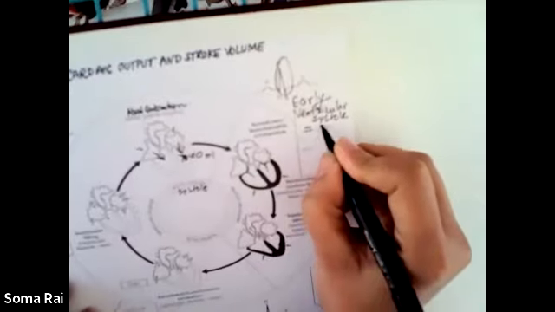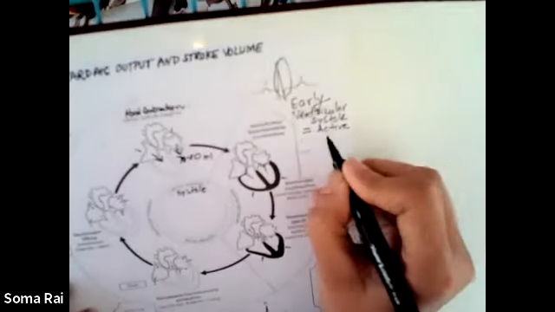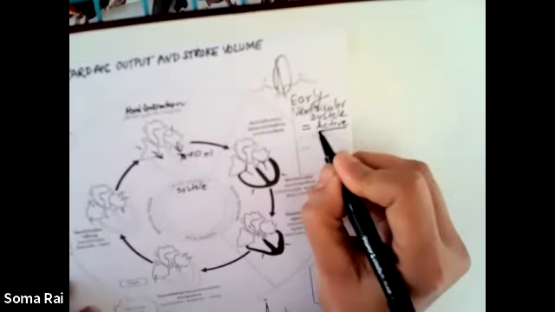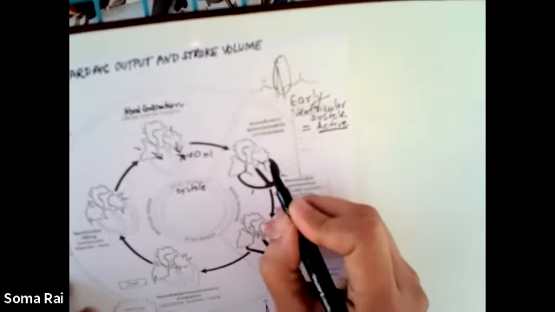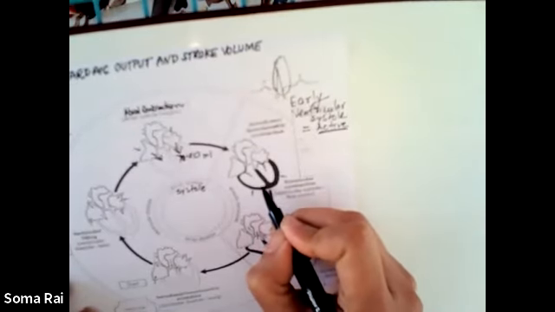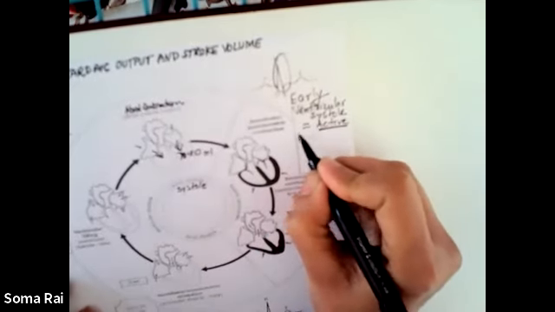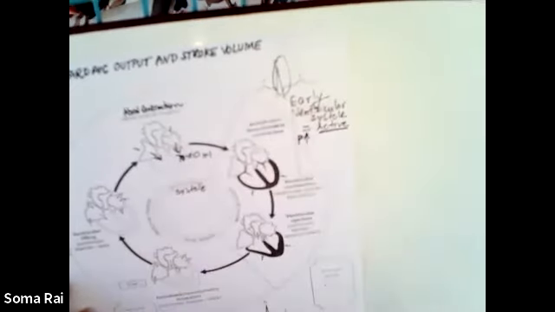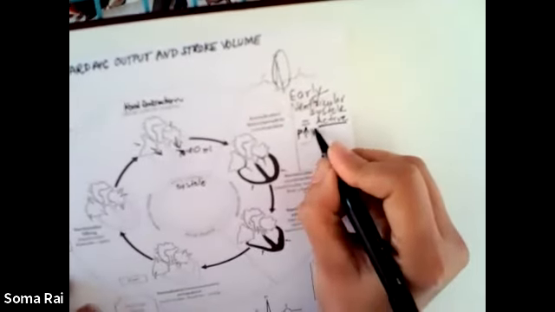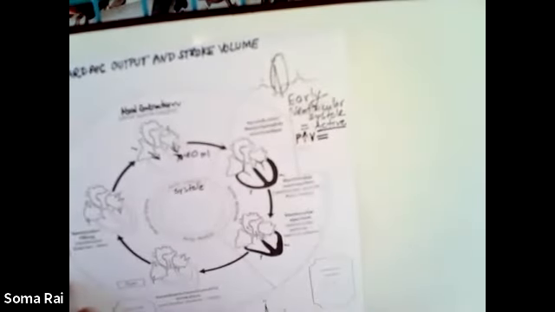This is an active state. It's active. That's what you fill in, active, because there is muscle contraction. And because the muscles are contracting, the pressure is going up. The volume is not changing.